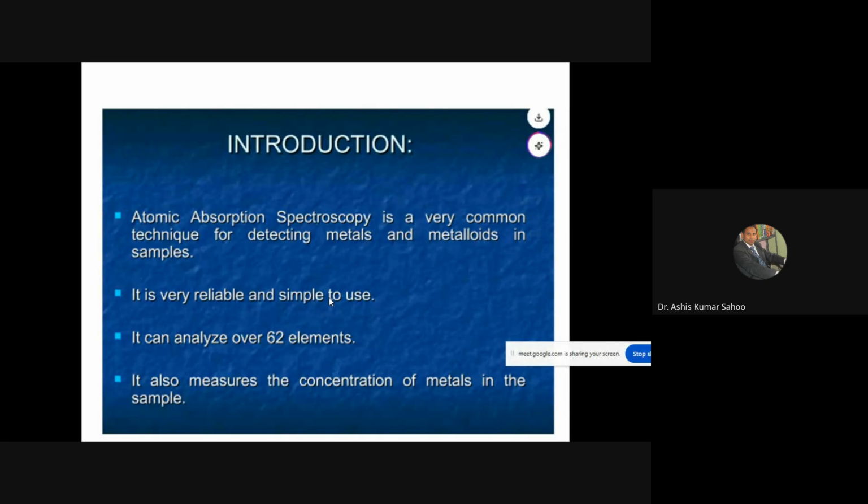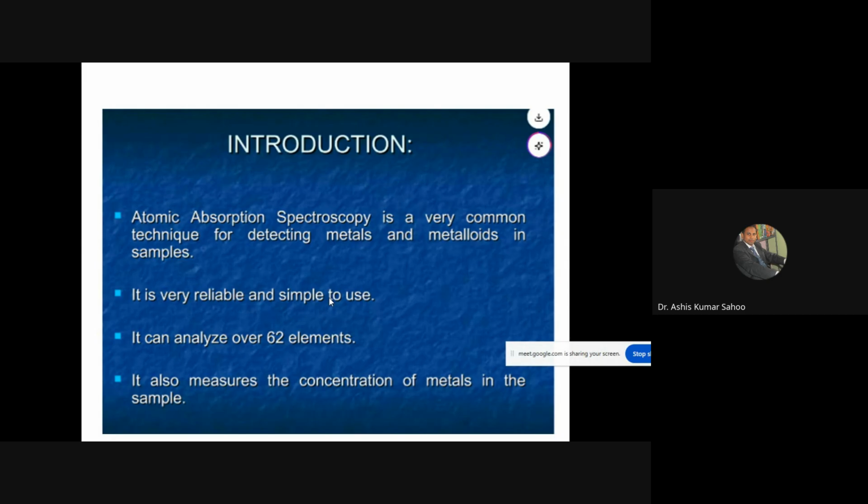It is very reliable and simple to use. It can analyze over 62 elements. So in a molecule, what elements, what atoms, and in which percentage, atomic absorption spectroscopy will tell us.